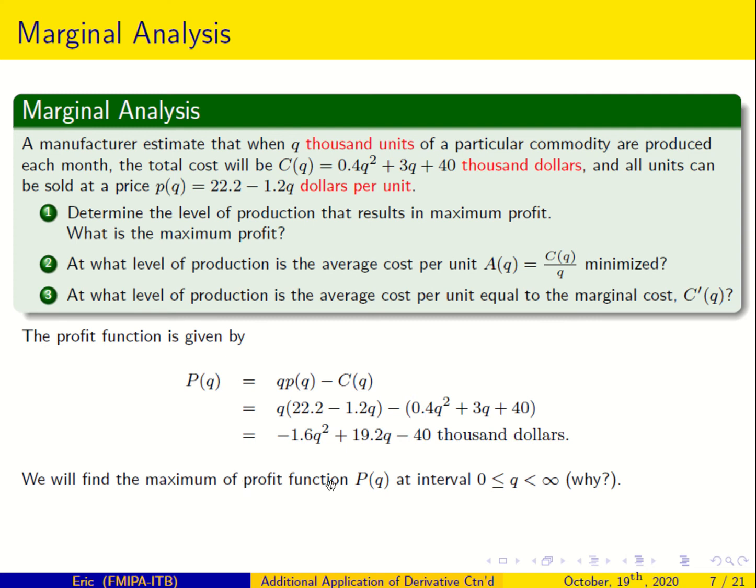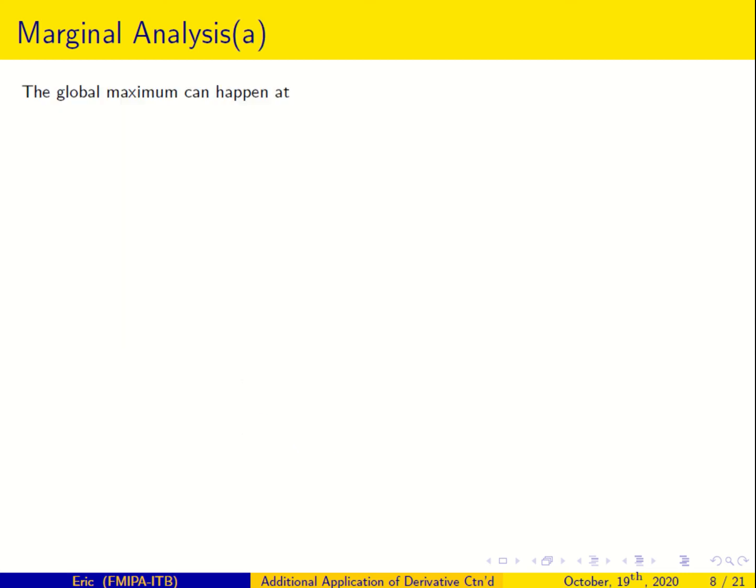So we will find the maximum of the profit P(q) on the interval q greater than or equal to 0 and less than infinity. Why? Because q is a quantity, a demand, so it should be non-negative. It can be 0, but that is a trivial case.